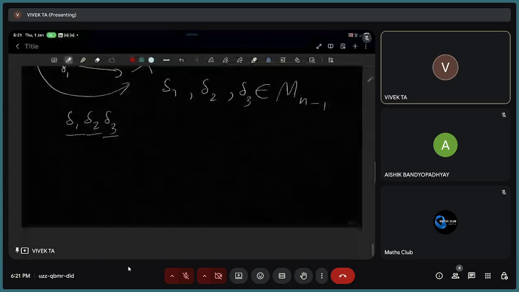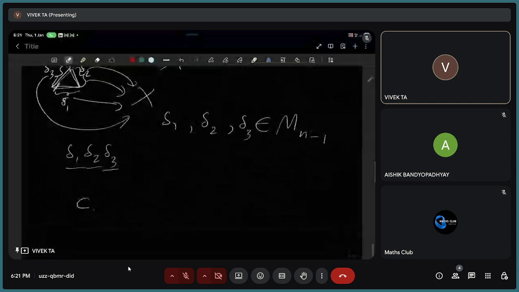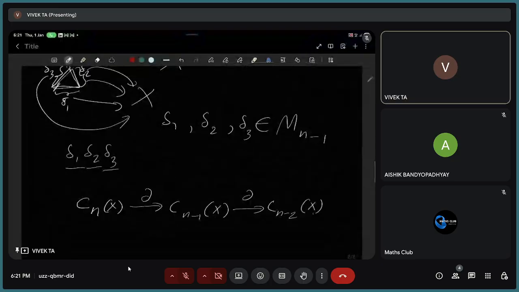So similarly, you can define Cn of X with a map to Cn minus 1 of X, dou, which maps to Cn minus 2 of X, dou map, and then of course it goes on. Now, of course, all of these dou maps are different. This is a map from n-dimensional triangles. This is a map from n minus 1 dimensional triangles.